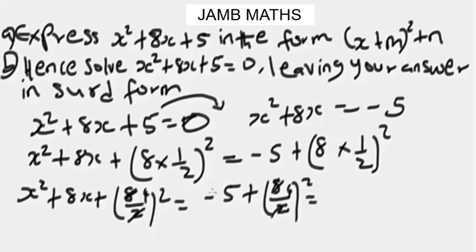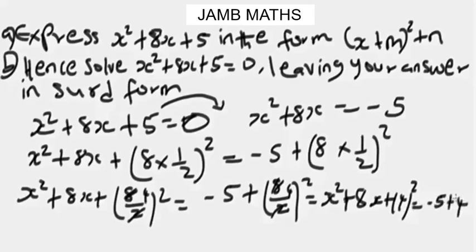So when you simplify this, we're going to have x squared plus 8x plus 4 squared equals minus 5 plus 4 squared. Now when you break this down further, remember you simplify what you have at the right.